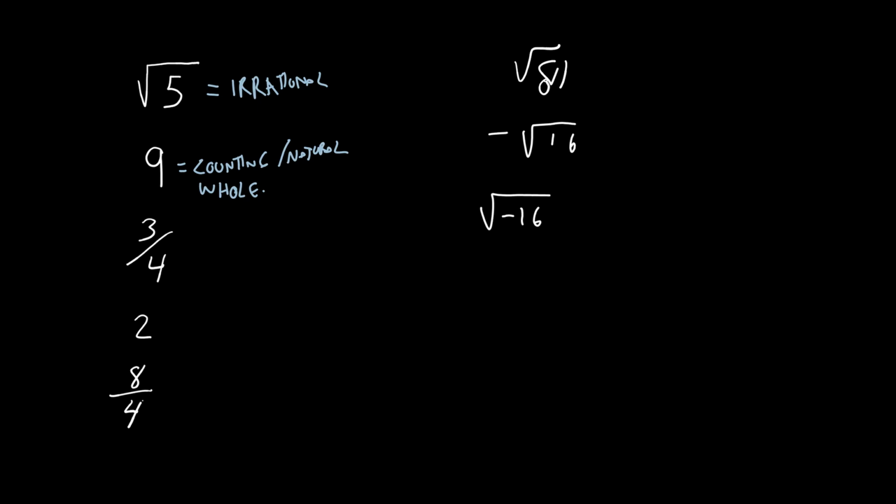So counting or natural number, it's a whole number, which is also an integer, which is also rational. But the counting number, or the natural number, is the most precise, but it is in every single category. 3/4 is a rational number. 2, again, is the same as 9, a counting or natural number.